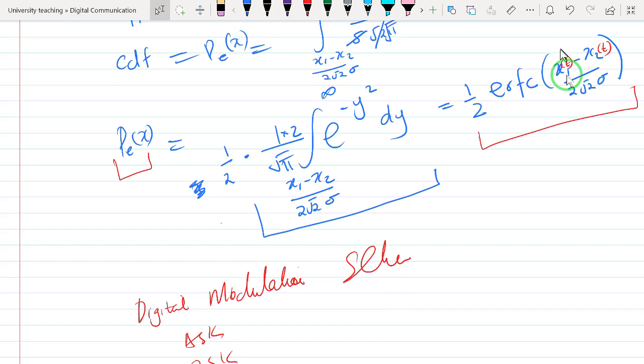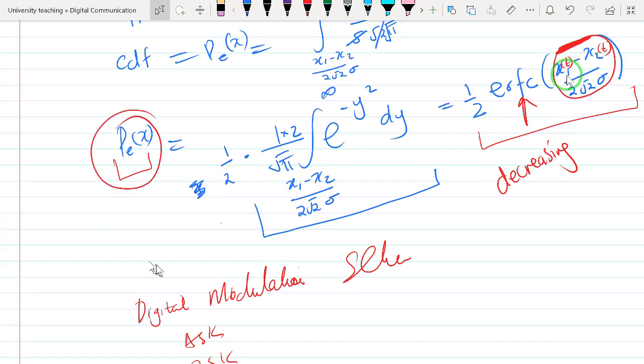So the bigger the distance between the two signals, the smaller the probability of error. The complementary error function is a decreasing function, such that when this gap increases, the probability of error decreases, and vice versa. So our preference is that the difference between x1 and x2 should be big enough to reduce the probability of error.